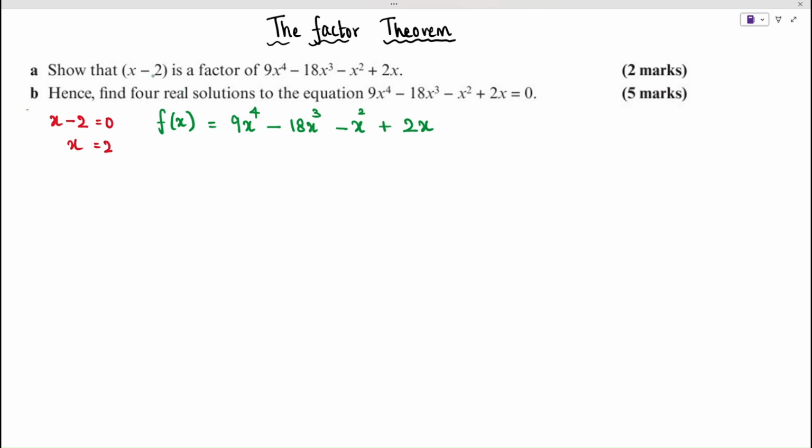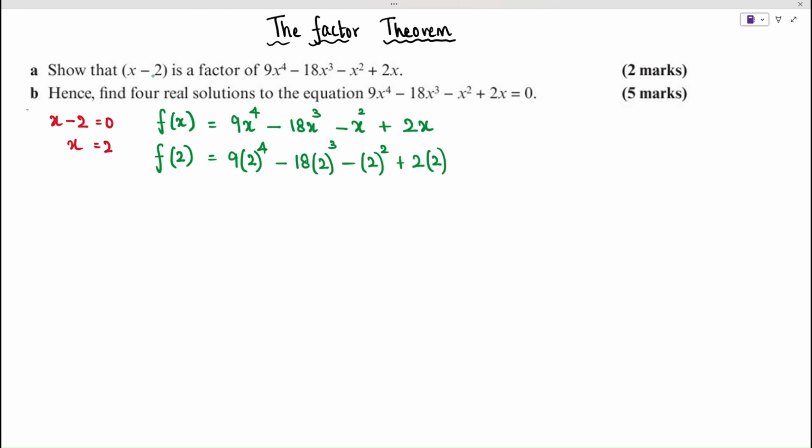And so we've calculated one of our values of x as 2, and we're going to substitute that into our function. So we have f of 2 is equal to, and now we substitute 2 into each of our x values, so we get 9 times 2 to the 4 minus 18 times 2 to the 3 minus 2 squared plus 2 times 2.